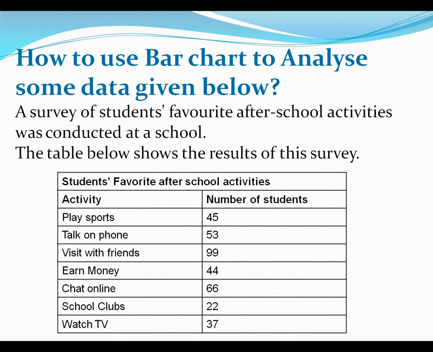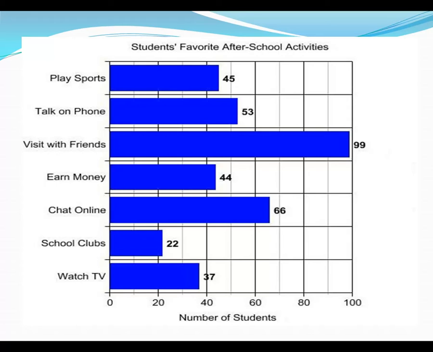The last is watching TV, it is 37. So these are the different numbers towards the different activities, and this can be represented in terms of a bar chart.